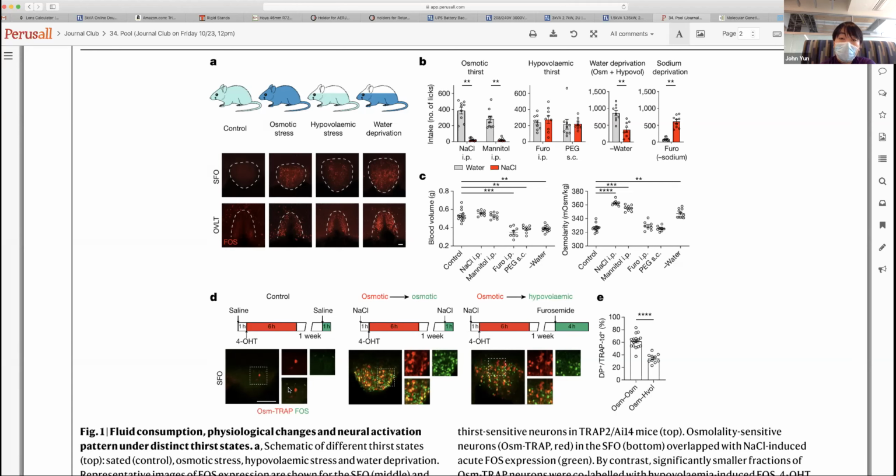They noticed that when they injected hypertonic saline, it induced a lot of robust labeling in SFO and OVLT. But when they did a similar thing with the hypovolemia group, there were significantly fewer cells that had labeling in the SFO and OVLT. So this suggested that the osmotic thirst and hypovolemic thirst activate two different sets of cells within the CVL.